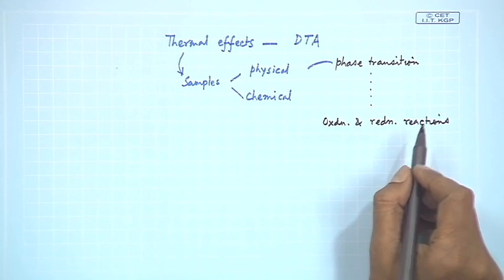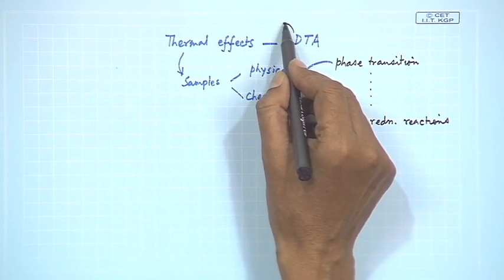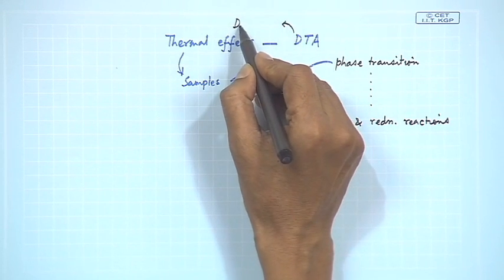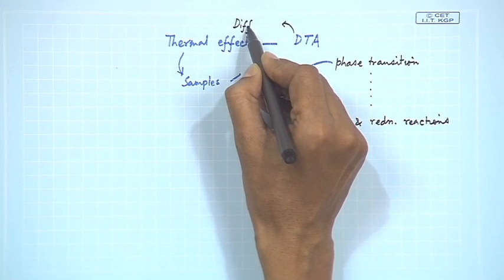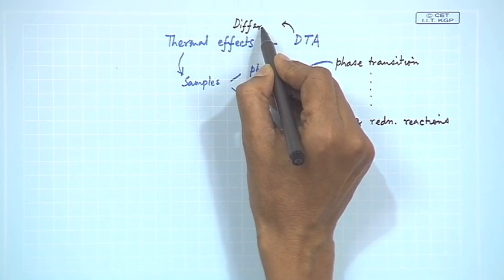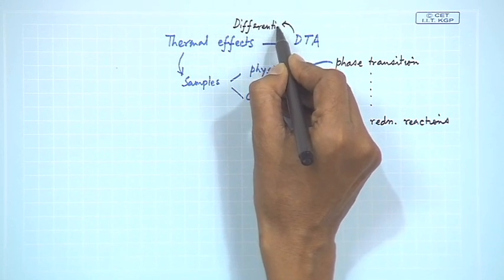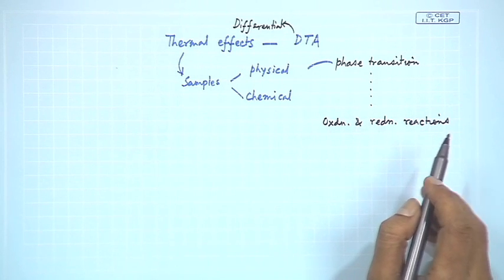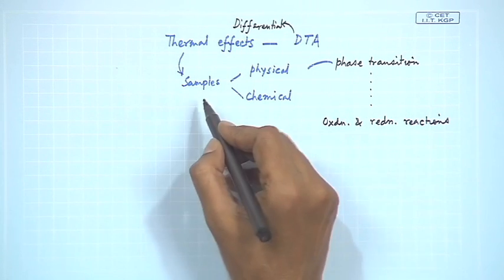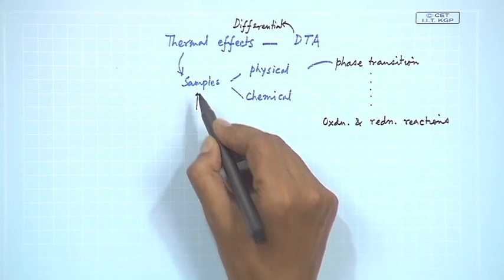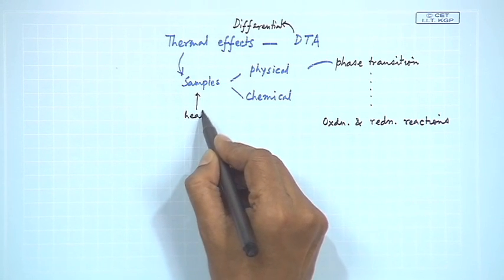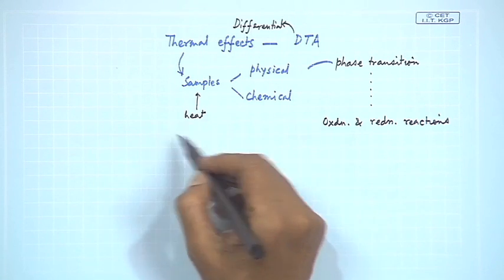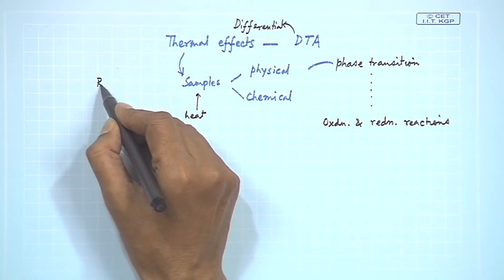So, this particular technique, this D is not a derivative one, it is a differential one. So, it is a differential technique. We will see how this particular technique will be useful when we heat the sample. So, in a furnace we heat the sample and that can be continuously compared with some reference material.